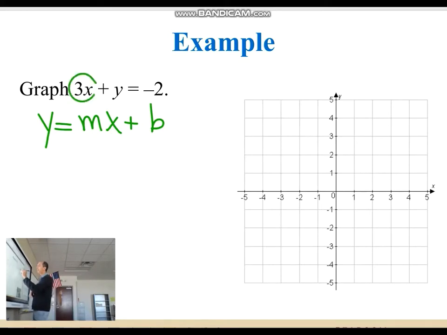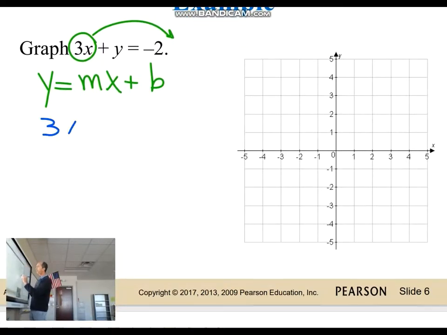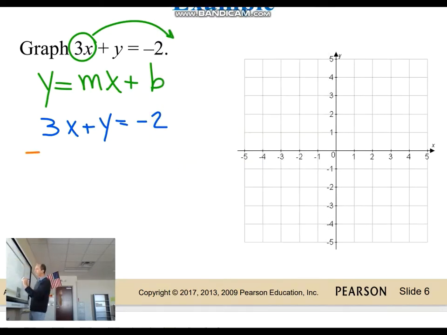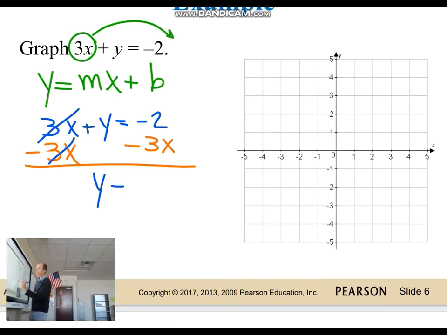Move everything on the left-hand side to the right-hand side, and keep only y on the left-hand side. Let's work this out. We have 3x plus y equals negative 2. Apply the addition property of equality. Subtract 3x from both sides. And then we will have y equals negative 3x minus 2.